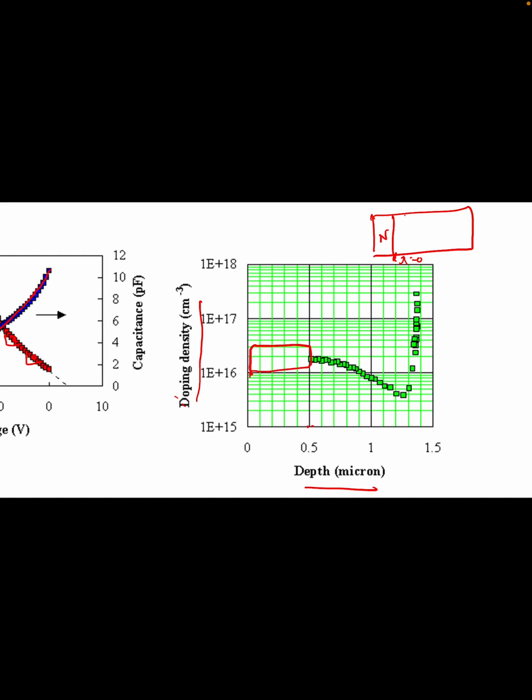We will see why you do not get much information very close to this junction. After 0.5 you can see that the doping density is almost constant, and then you have a very sharp doping profile at about 1 to 1.5 micron. So you have a very high doping density here and reduced densities in these regions.